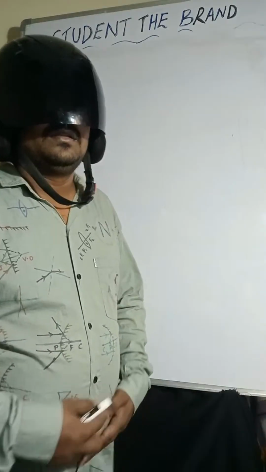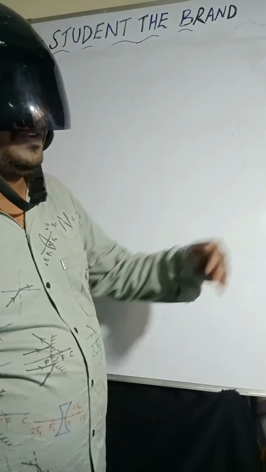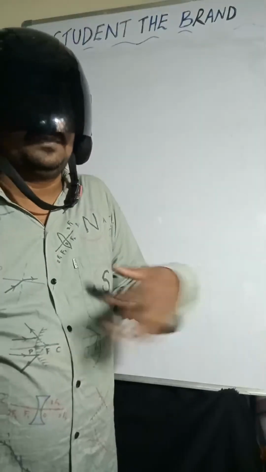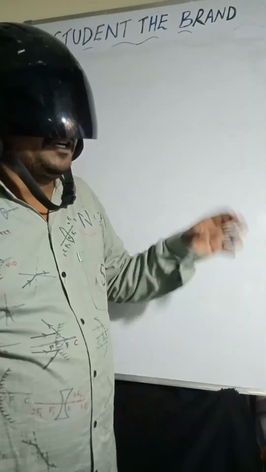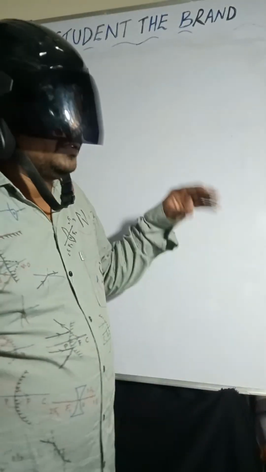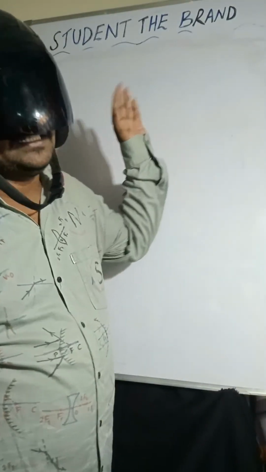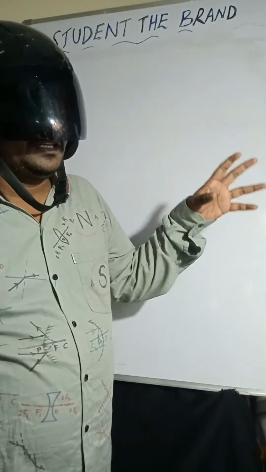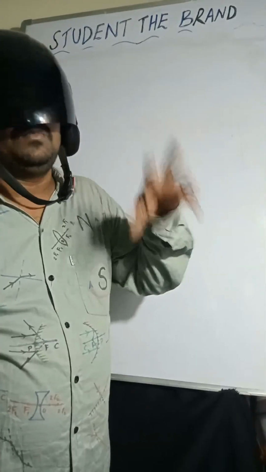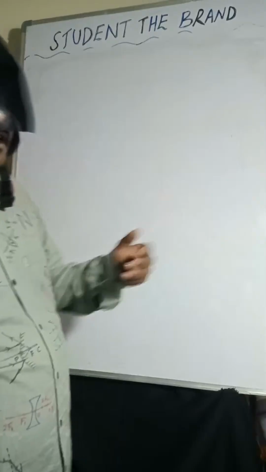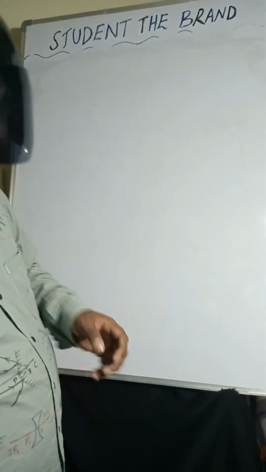So if you take different materials, resistivity and resistance both will change. But particularly resistivity depends on the material of the conductor, and temperature also. So it is a property of the material.